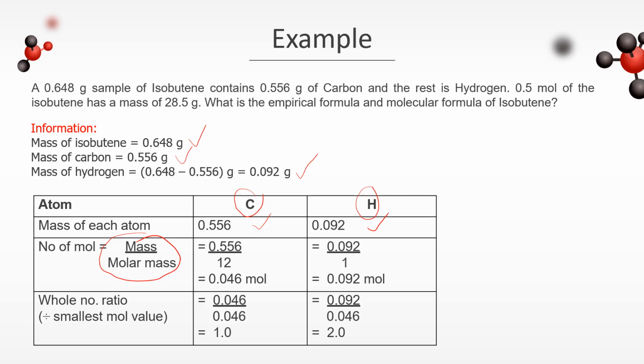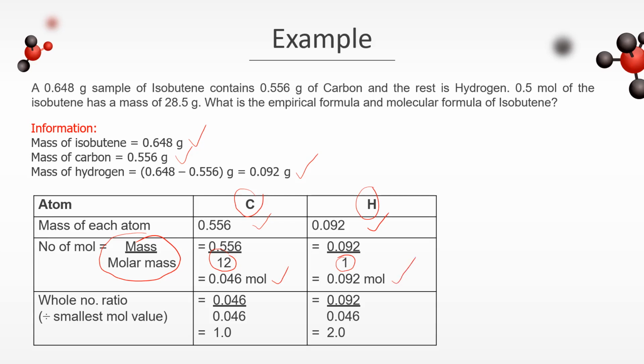The mass of carbon is 0.556 divided by 12, where 12 is the molar mass for carbon, so we will get 0.046 mole of carbon. The same goes for hydrogen, where the mass is 0.092 divided by 1, as 1 is the molar mass of hydrogen, so we will get 0.092 mole of hydrogen.